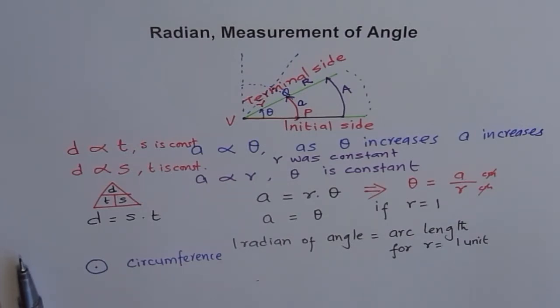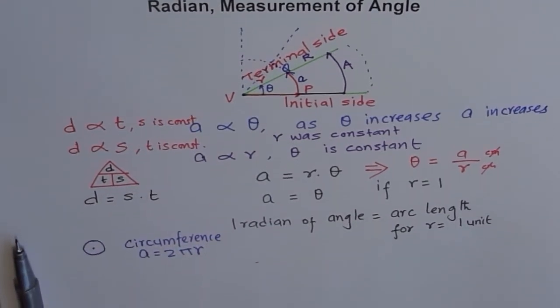We know circumference is 2 pi r, correct? Arc length is circumference, right? So A is 2 pi r for one full circle.